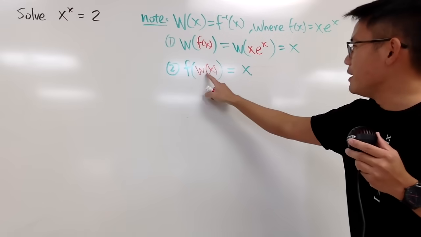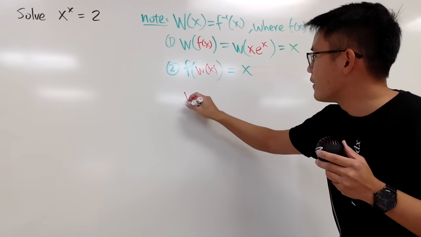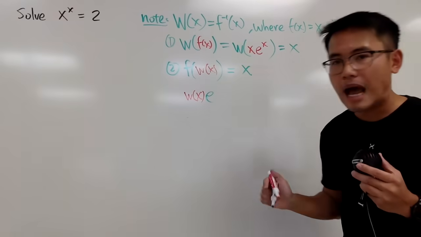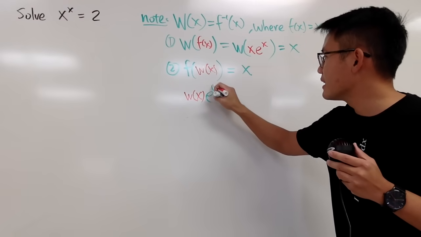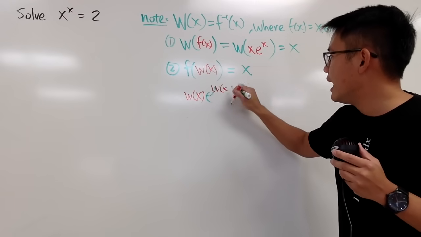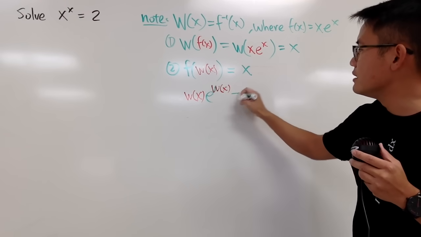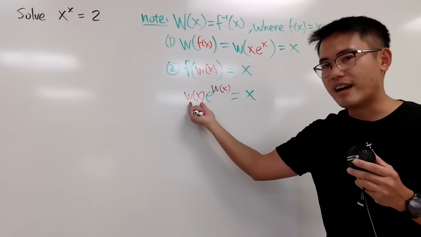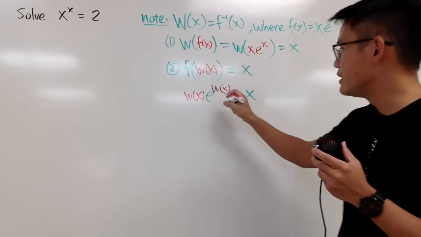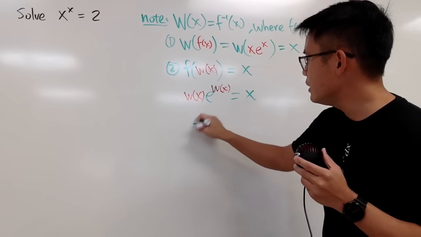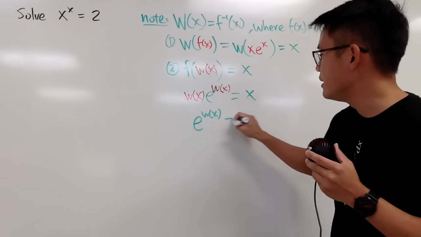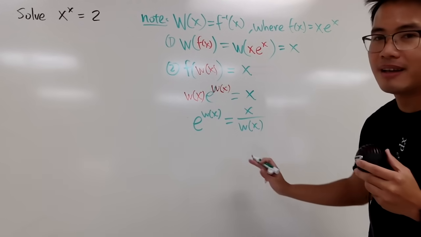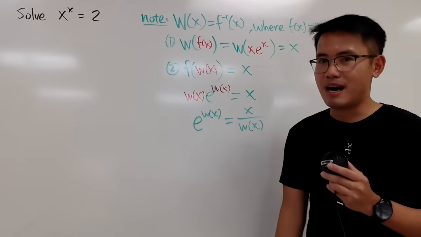So this is going to be W of x first, times e to the W of x again, like that. And of course, this expression is still going to give you x. We actually like to divide by W of x on both sides, so you get this nice property: e to the W of x is x over W of x, like that. Once again, keep this in mind.